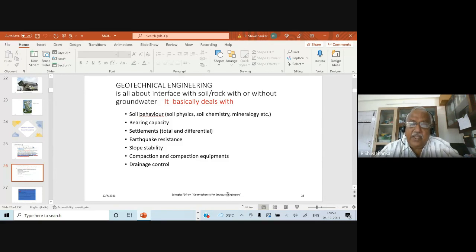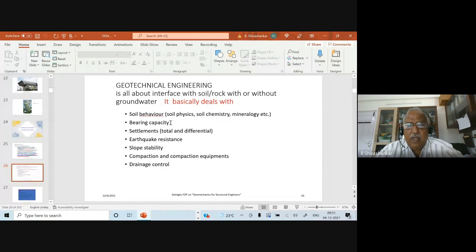So if there are uplift pressures, if there are large lateral loads, we have to go for pile foundations. And settlements. So we want the load to be safely transferred. The contact pressure should not exceed SBC, and then there should be no tension. And also the settlements. When I talk of settlements, both total and differential should be within permissible limits.